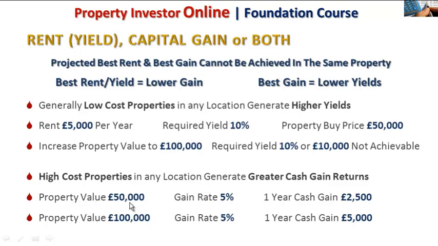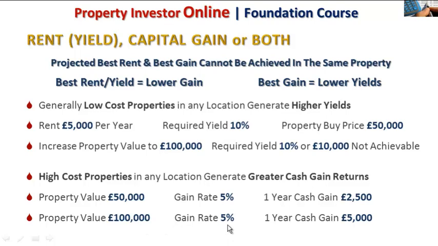Increase the property value to £100,000, apply the same gain rate, and the resultant gain is doubled to £5,000. 5% of £100,000 is £5,000. Now, for the cash gain to reduce to £2,500, you have to reduce the gain rate on the £100,000 property to 2.5%.